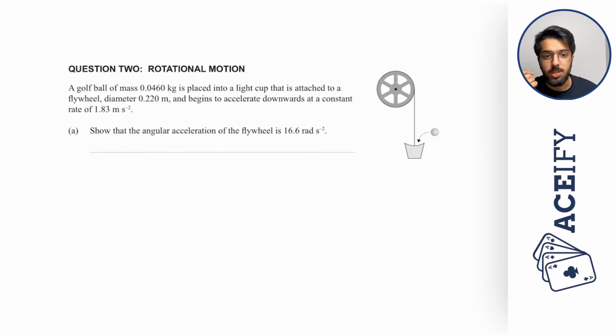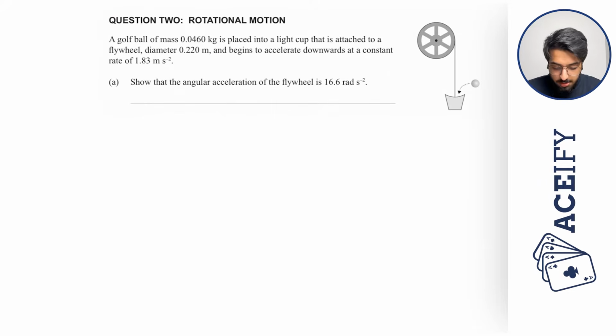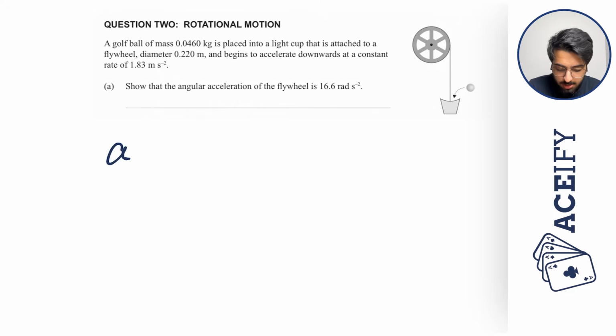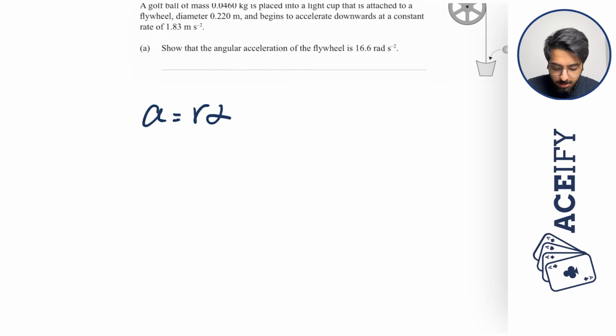Sweet. Okay, so a golf ball is placed into a light cup attached to a flywheel, and begins to accelerate downwards at a constant rate of 1.83 meters per second squared. Show the angular acceleration of the flywheel is 16.6 radians per second squared. Okay, just a light one to start us off. We know that our acceleration is equal to r alpha, where alpha is our angular acceleration, and therefore we can rearrange for alpha: alpha is equal to a over r, right?